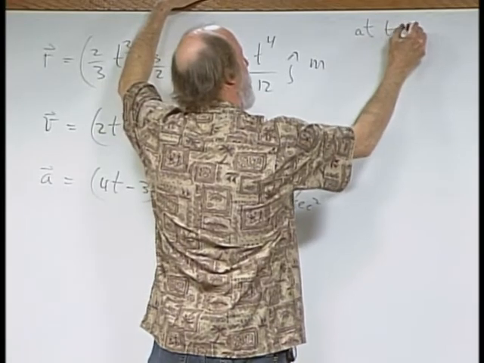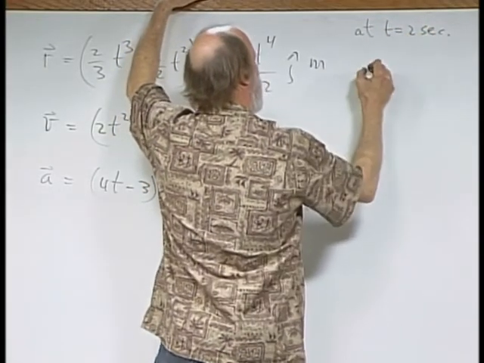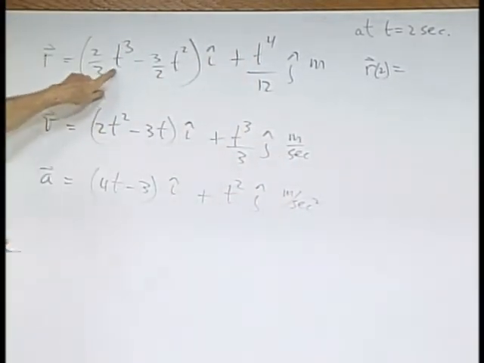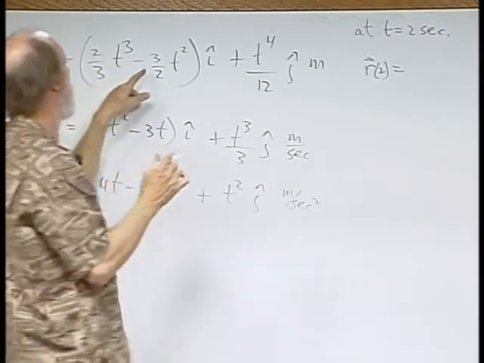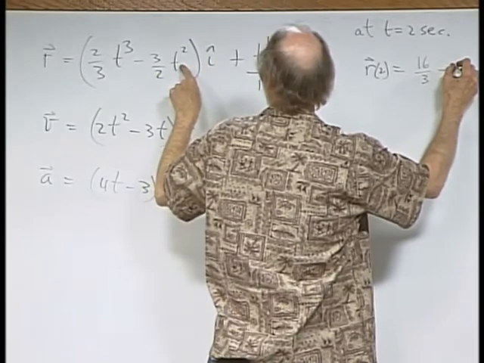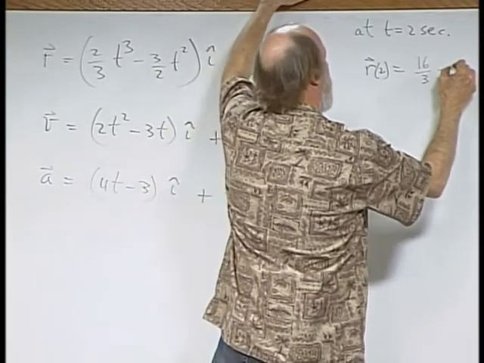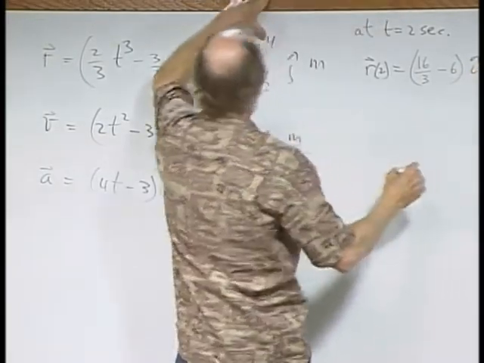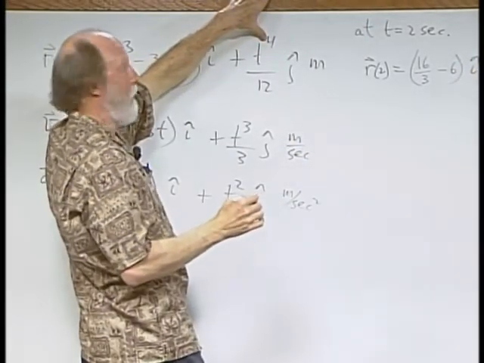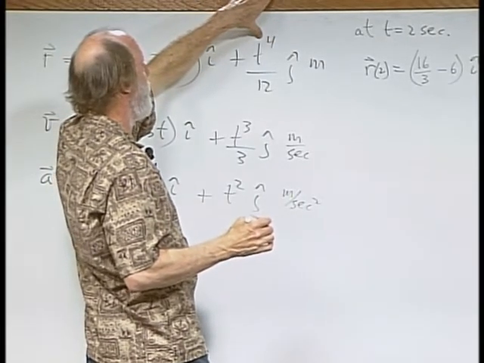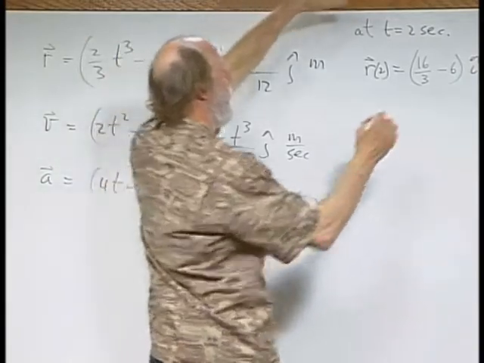At t equals 2 seconds, r at 2 vector is going to be, 2 going in here, 16/3 minus 6 i plus 16 over 12 is 4/3. Is that right?